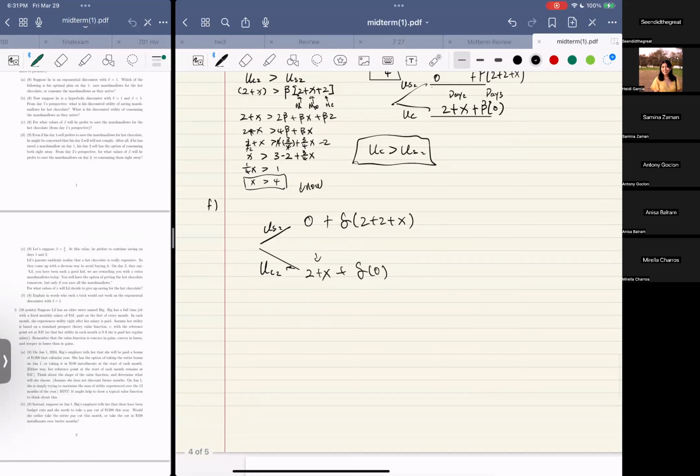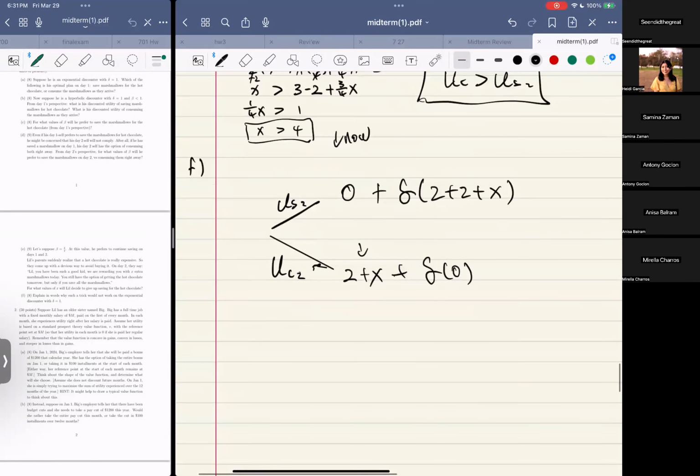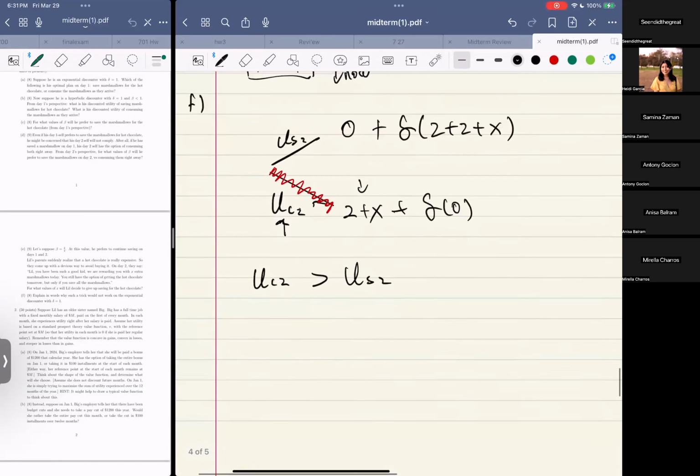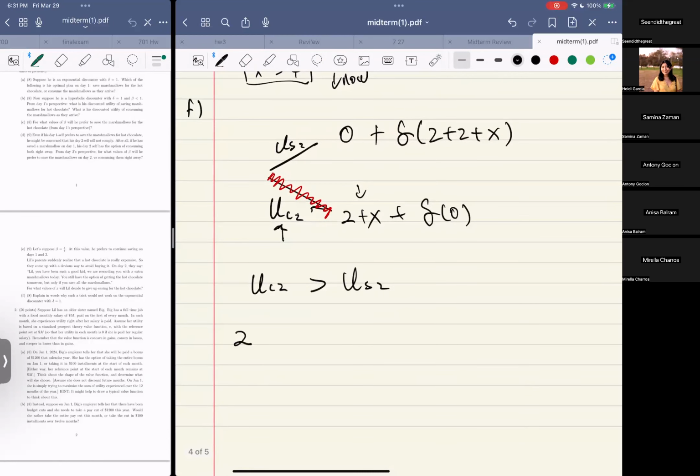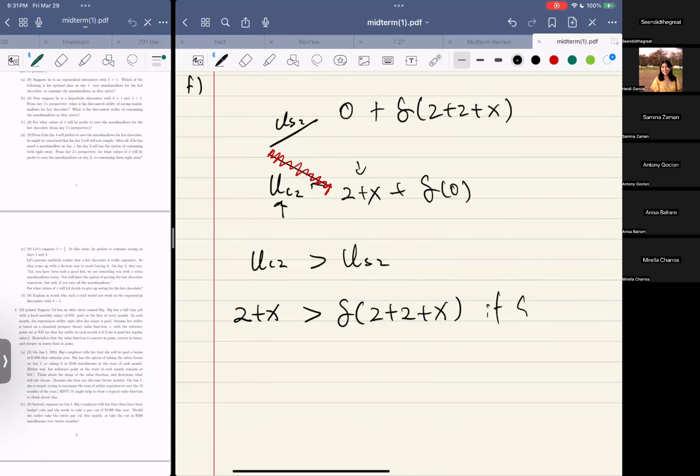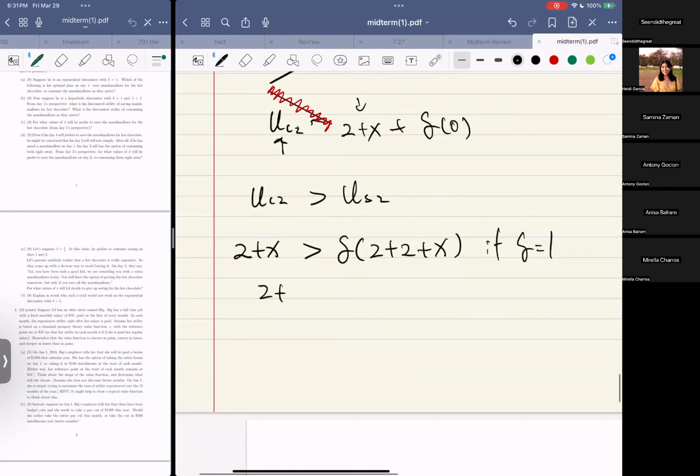You want to force the decision to push this way, so UC2 must be greater than US2. Let's see if that's the case. So 2 plus X greater than delta of 2 plus 2 plus X. If delta equals 1, we'll have 2 plus X greater than 4 plus X.